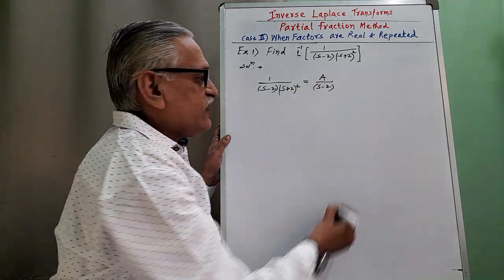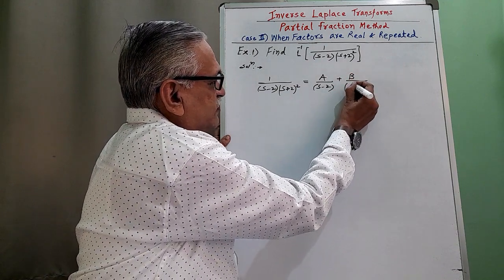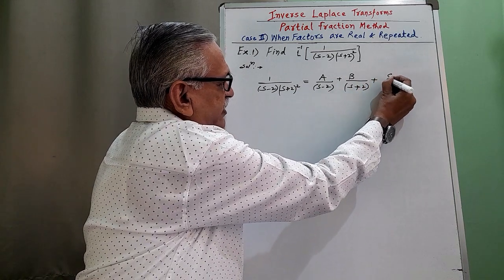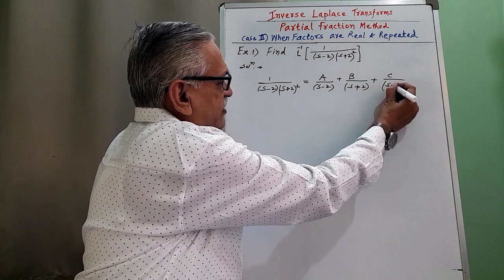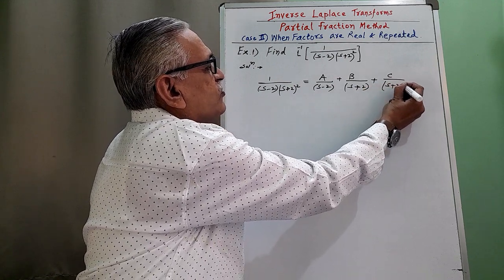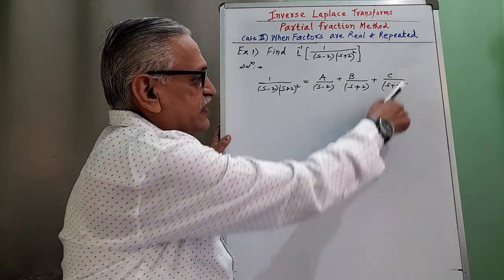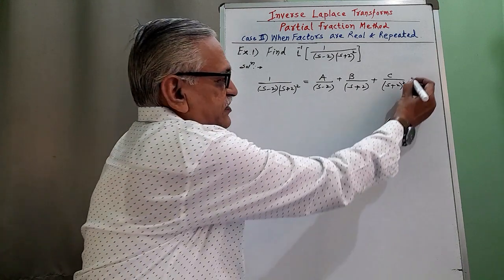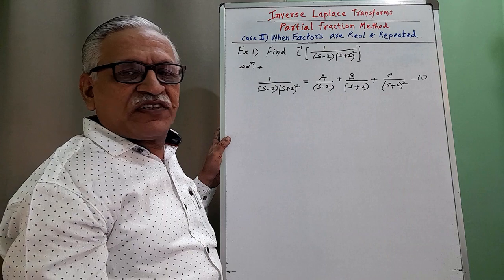For the repeated factor, B upon that factor, s plus 2. And as it is repeated, next is C upon, increasing the power by 1, (s plus 2) whole square. If it is repeated a third time, next is D upon (s plus 2) whole cube, like this. We call this equation number 1.